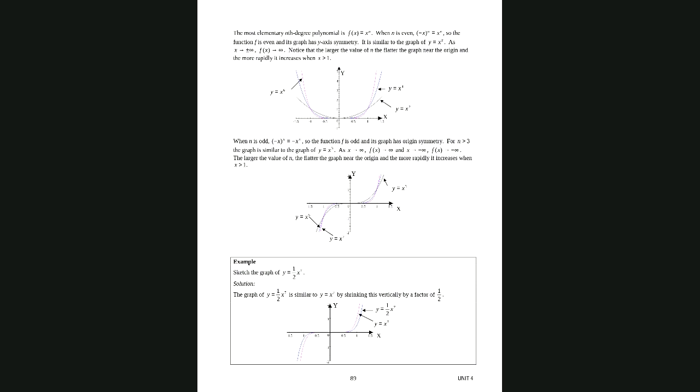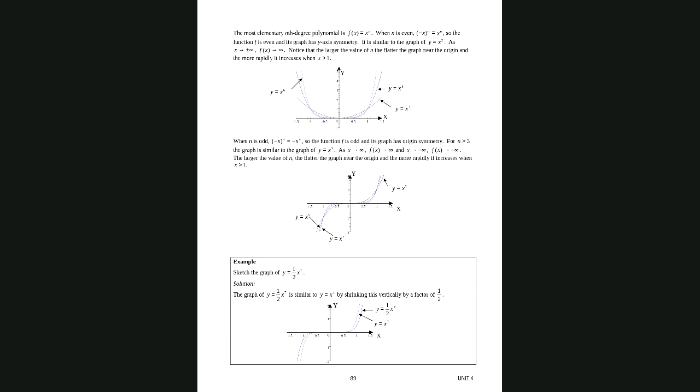So, for instance, if you have 1 over 2 x to the power 7, as you know, when we multiply the whole function by a whole number, the graph begins to shrink. If it is by a fraction or a number between 0 and 1, the graph begins to expand. So that's why we have y equals x to the power 7, we have the graph like that.